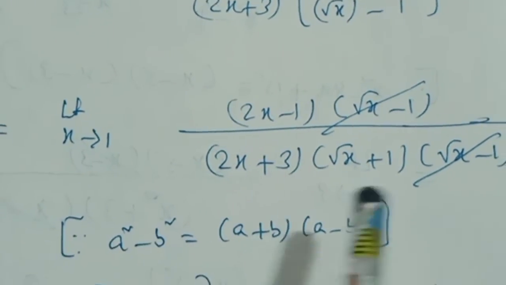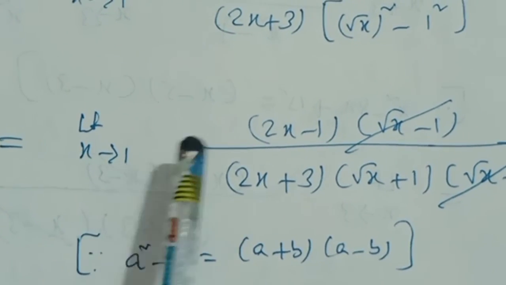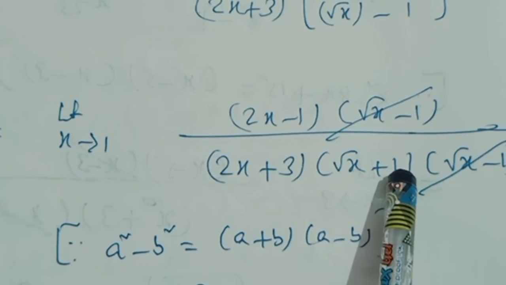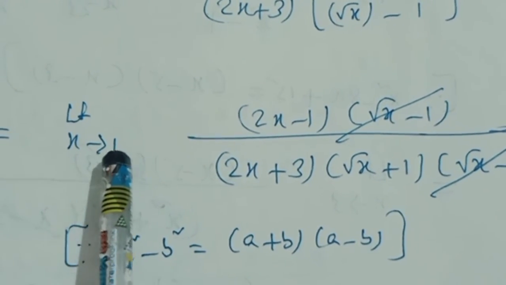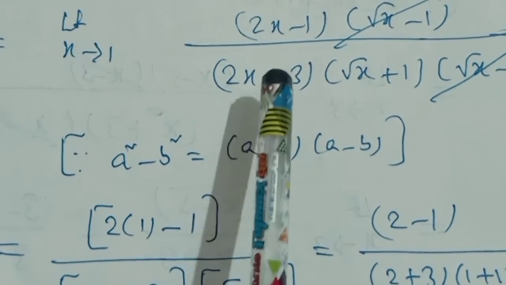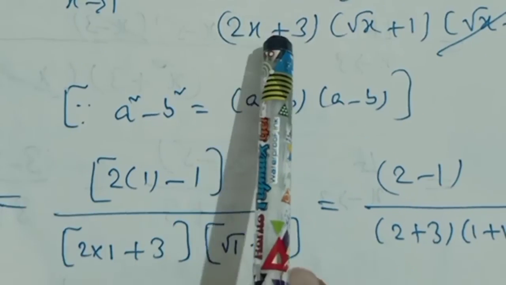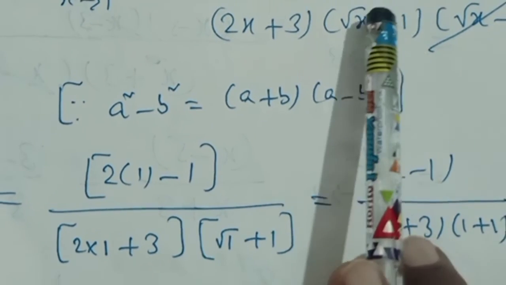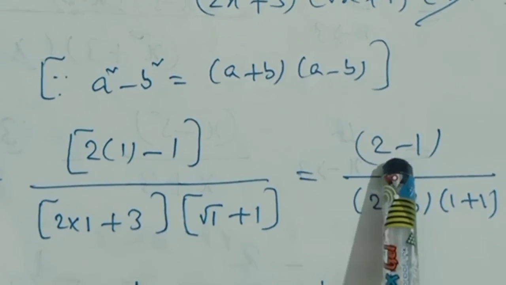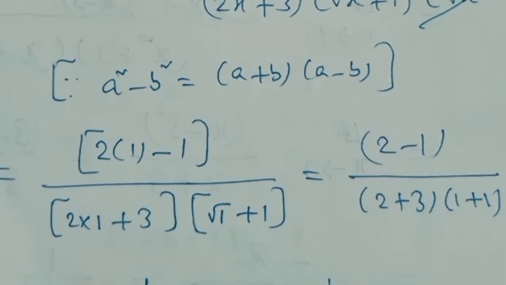Finally it will be limit x tends to 1, 2x minus 1 by 2x plus 3 into root x plus 1. Now we apply x equal to 1 in this: 2 into 1 minus 1 in the numerator, and 2 into 1 plus 3 into root 1 plus 1 in the denominator. So 2 into 1 is 2, minus 1 gives 1.